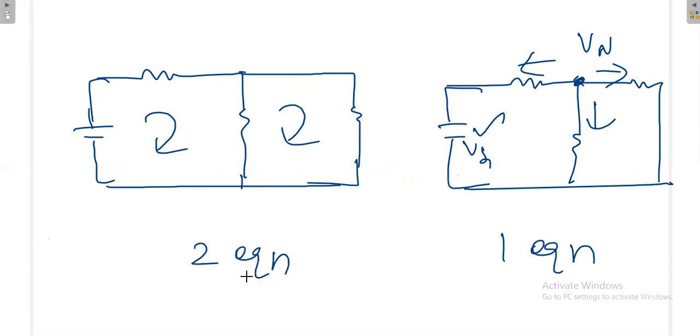So in the simple sense, if you go by mesh equations you need 2, and if you go by nodal equations you need 1. In general, if there are n nodes, it is n minus 1. That's why the number of nodal equations here is less.